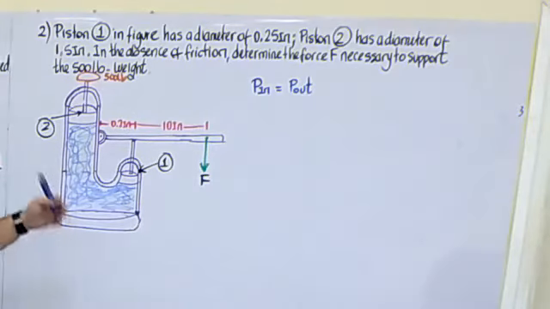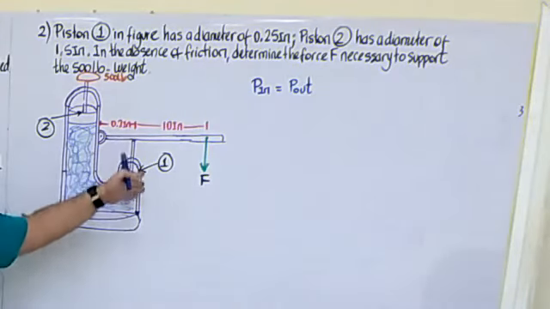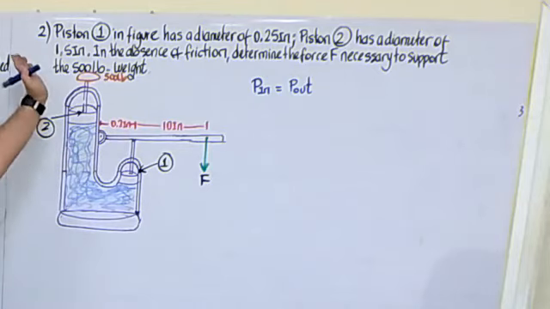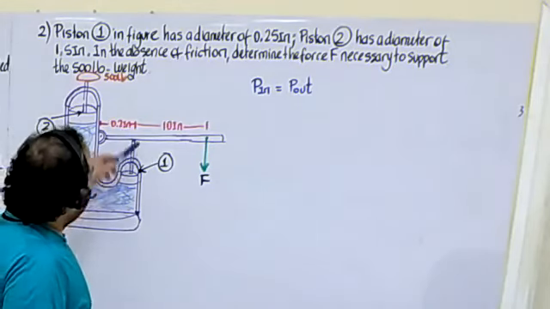Input, output. Why input? Because we are applying some kind of force, and this force will be produced to lift the weight of 500 pounds. Okay, so what are we going to do? Remember the definition of pressure: the force applied per unit of area. So this is what we call force in this section.